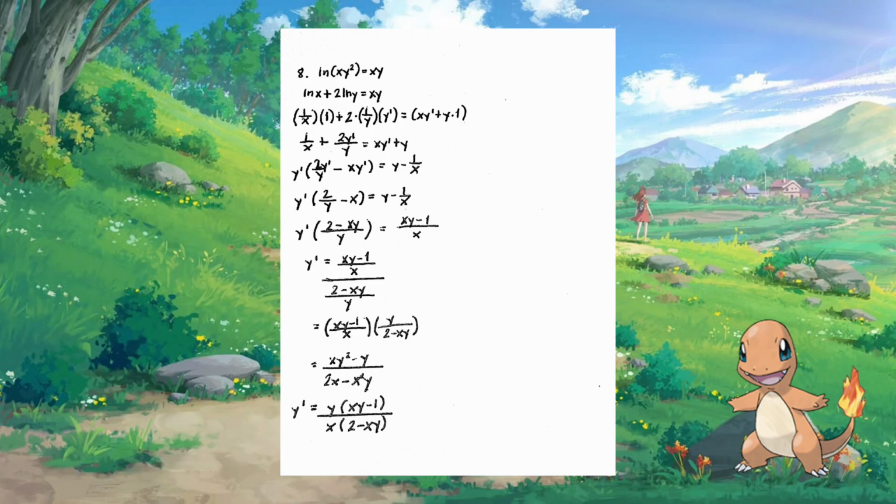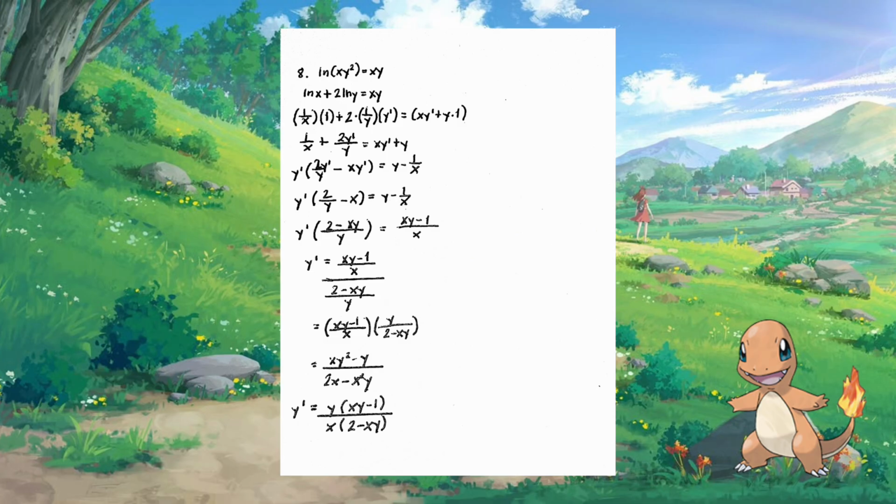And to simplify it, we're going to get the reciprocal of the denominator and multiply it with the numerator. So we'll have xy minus 1 over x times y over 2 minus xy.